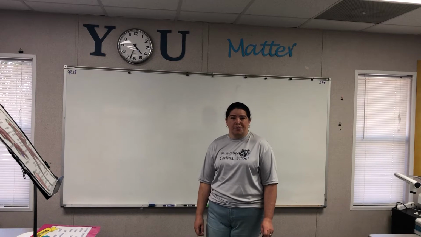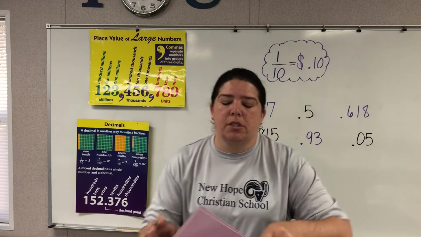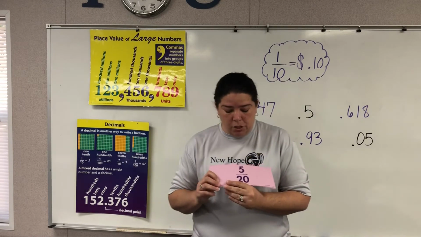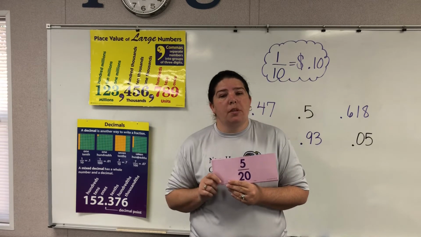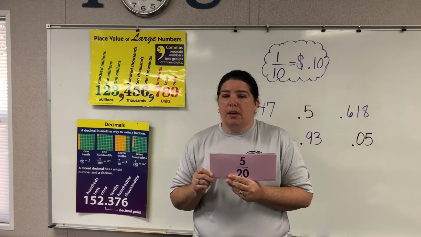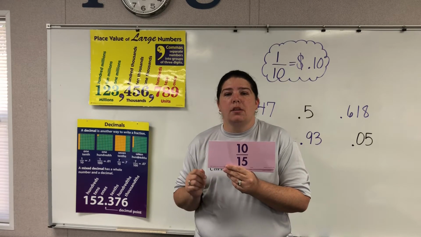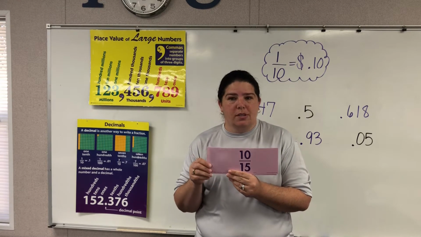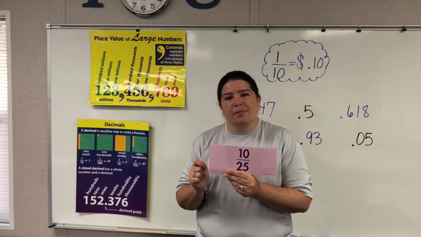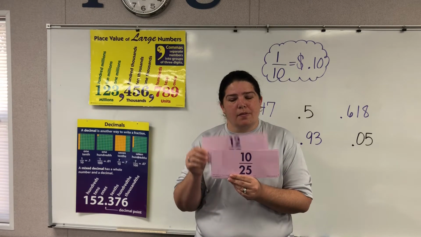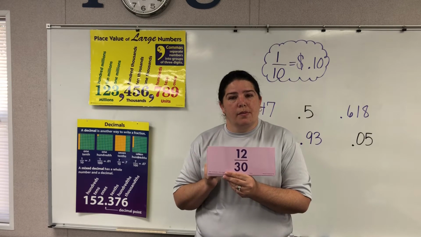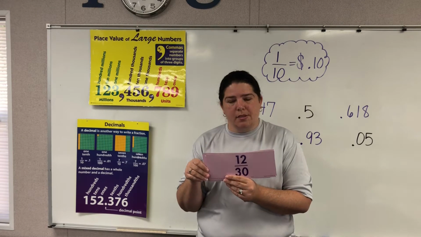Let's get started. Let's start with our fractions. We have some fractions we need to reduce or find an equivalent fraction for. Let's see if you can beat me. I will wait for you just a few seconds. 2/3. 2/5. Again, 2/5.